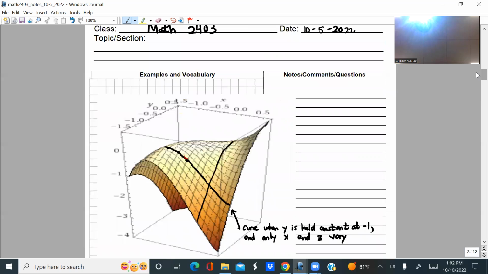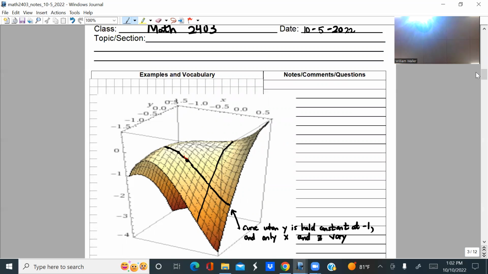On this curve, I think we're going to have a peak somewhere over here. And if you went further out the surface in this direction, it looks like that curve is coming down to a valley. So it does look like a curve traced out on the surface.